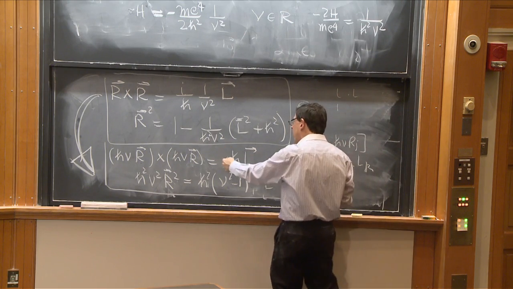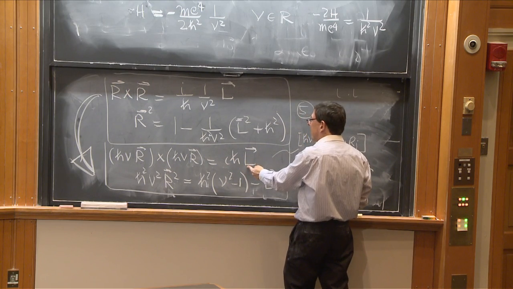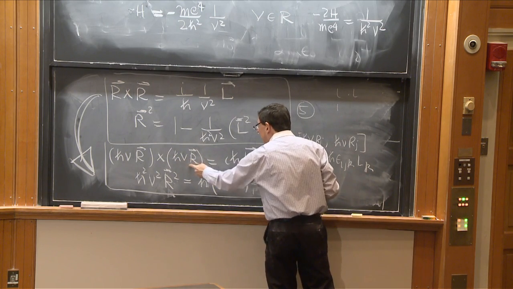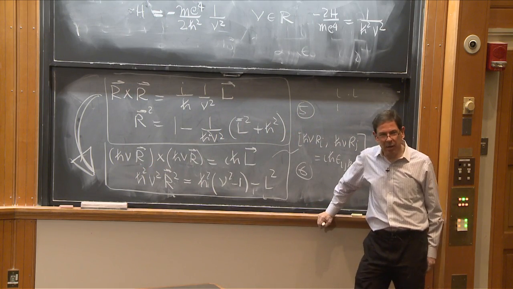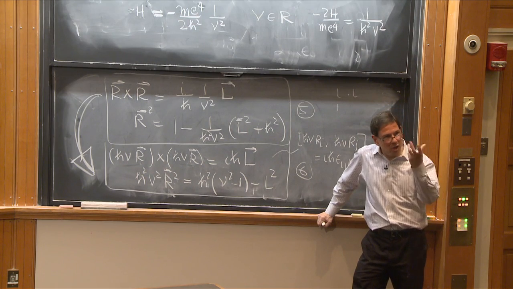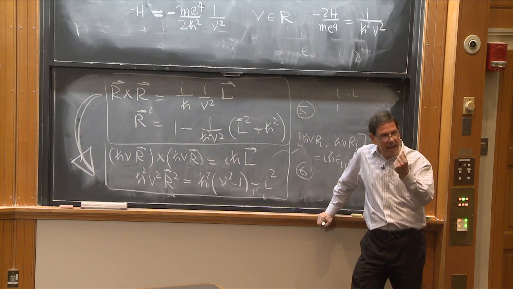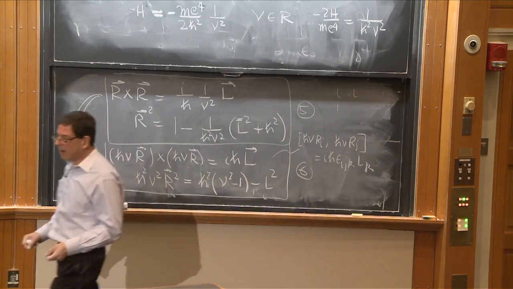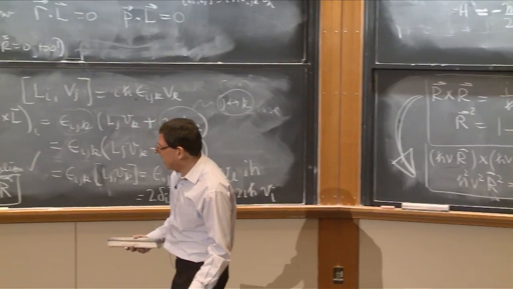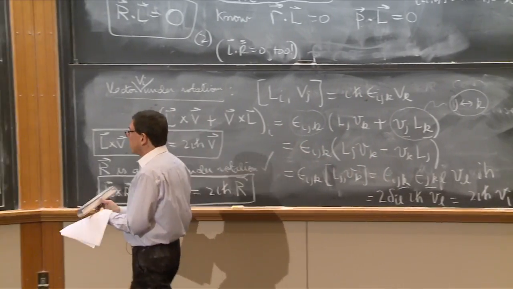Now R cross R is L. And with these units, H nu r and H nu r looks like it has the units of angular momentum. So H nu r can be added to angular momentum to form more angular momentum. So that's exactly what we're going to do.